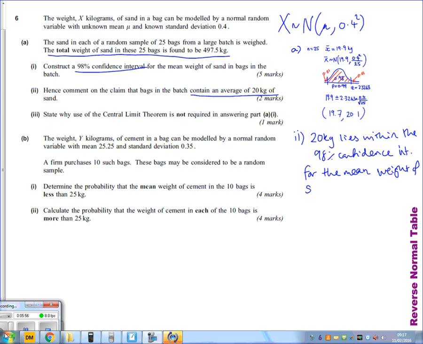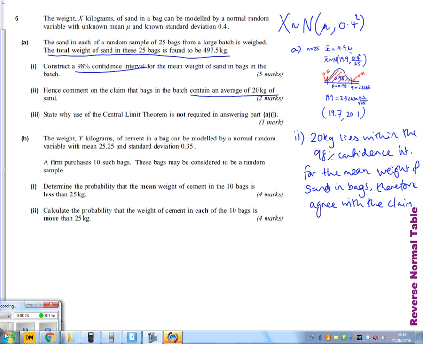So I'm putting it in context, and I need to then say, am I going to agree or disagree with the claim? So I'm going to say, therefore, I agree with the claim. So just making sure I put it in context, I've said if I agree or disagree.